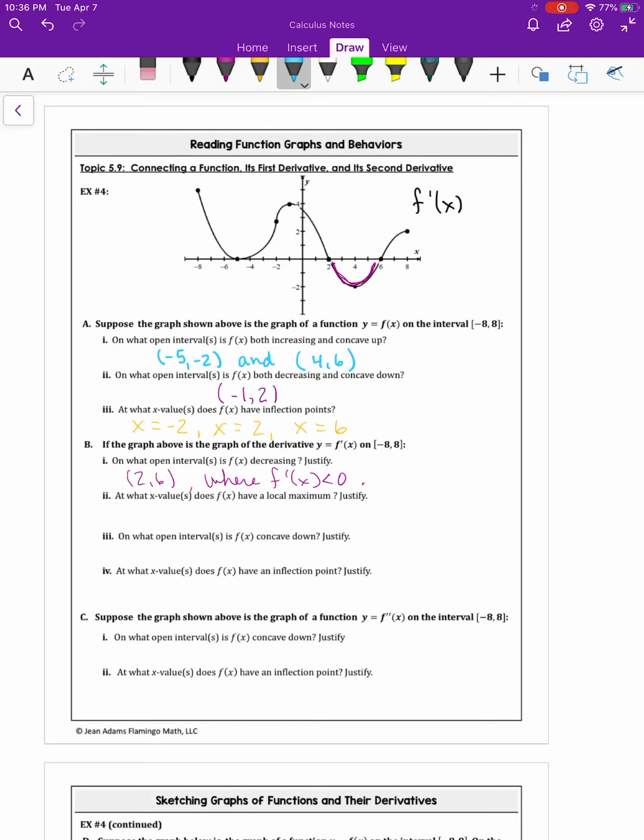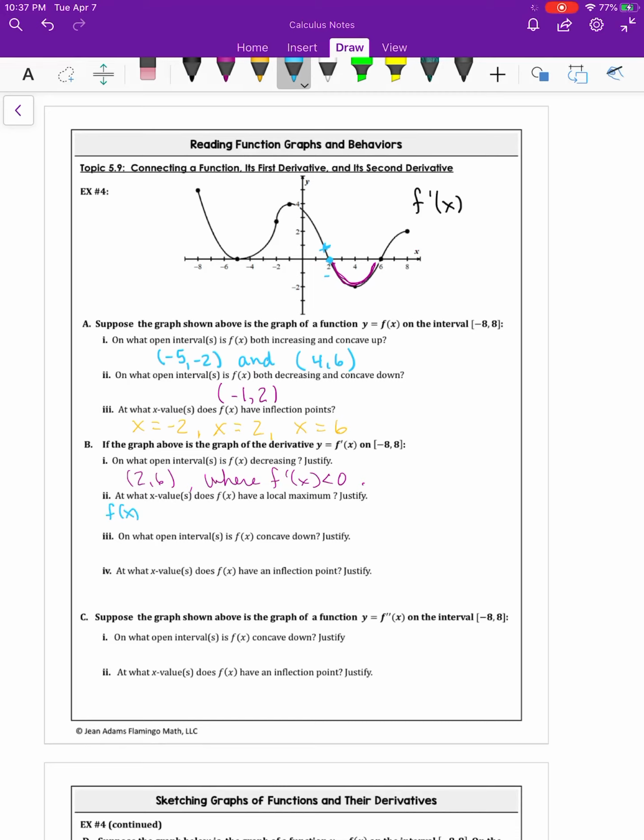At what x value does f of x have a local maximum? Now remember, if you're looking at the derivative, to look for a maximum, you'd be looking for a 0, and where it goes from positive values to negative values, that would give you a maximum. This one is the only one that is that way.